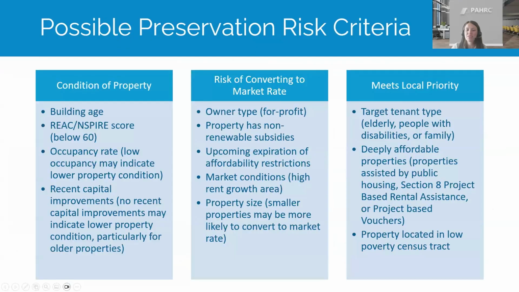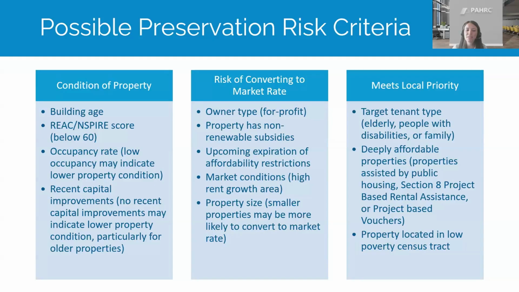So as I mentioned, you may want to further refine this list to filter properties that meet a certain criteria. Ultimately, the community priorities will shape what at-risk looks like for your area. So this slide summarizes some possible indicators that you can consider including. This includes metrics that examine the condition of the property, like the building age, physical inspection score, occupancy rate, and a history of capital investments.